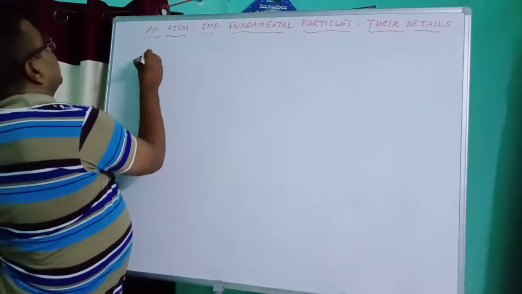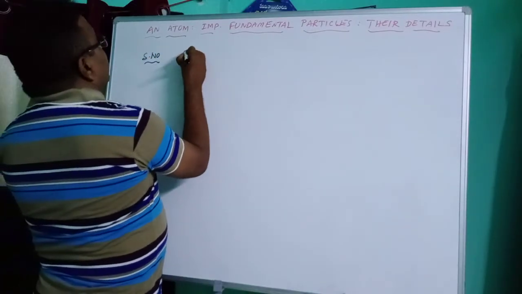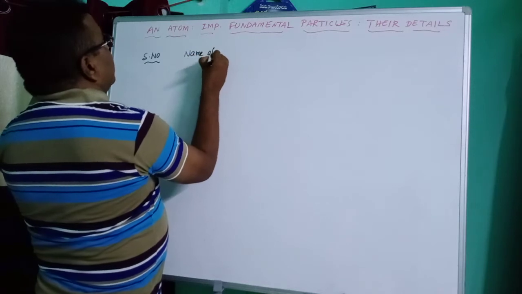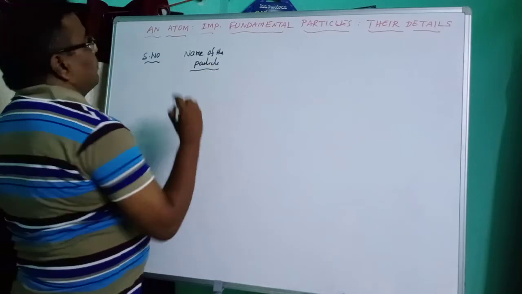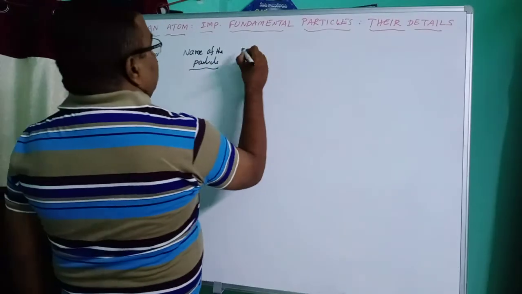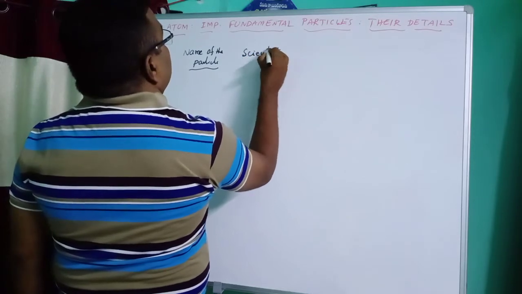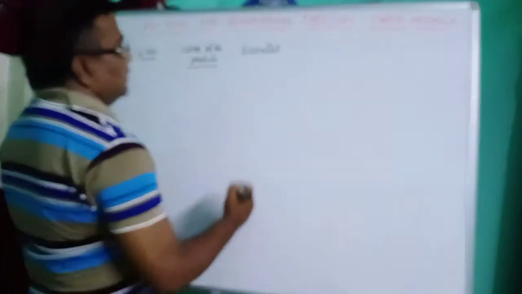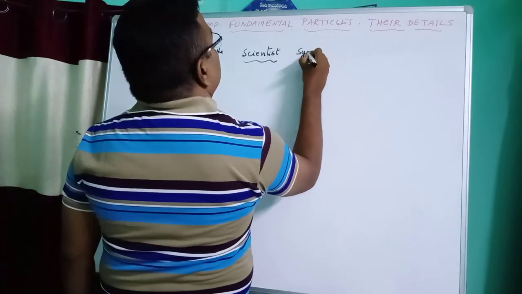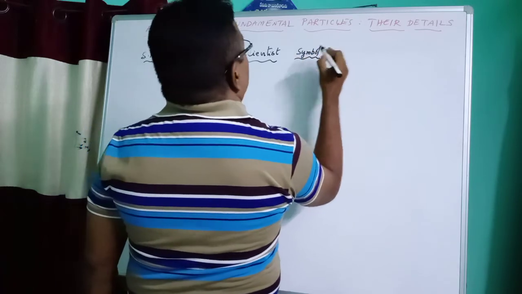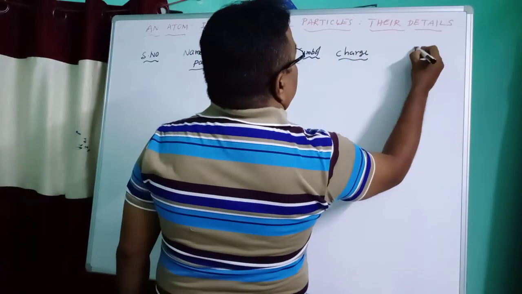So the columns are: serial number, name of the particle, next one is scientist or discoverer, next symbol, next one is charge, last one is mass.